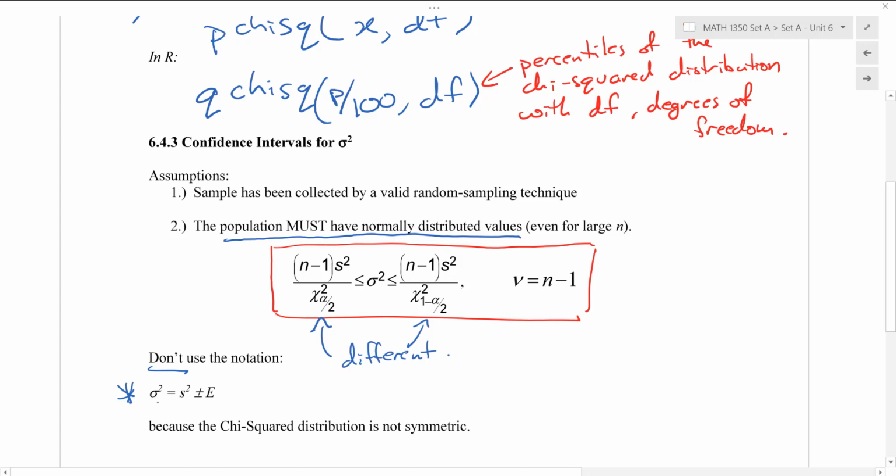It's not the case that sigma squared is well approximated by s squared plus or minus some error. The lack of symmetry of the distribution and the fact that the chi-squared alpha over 2 and chi-squared 1 minus alpha over 2 are different means that the interval won't be centered around sigma squared.